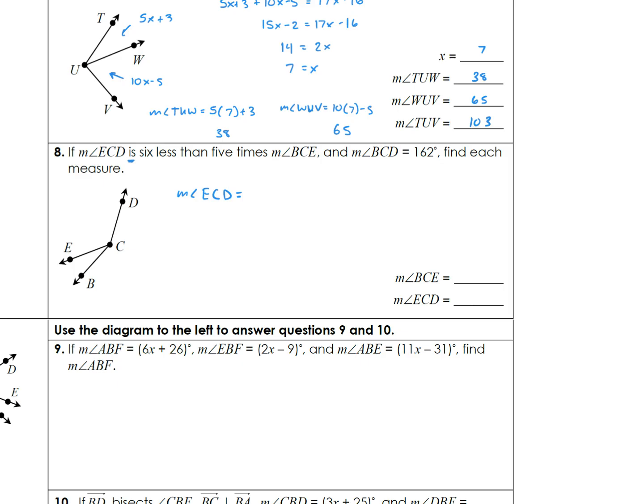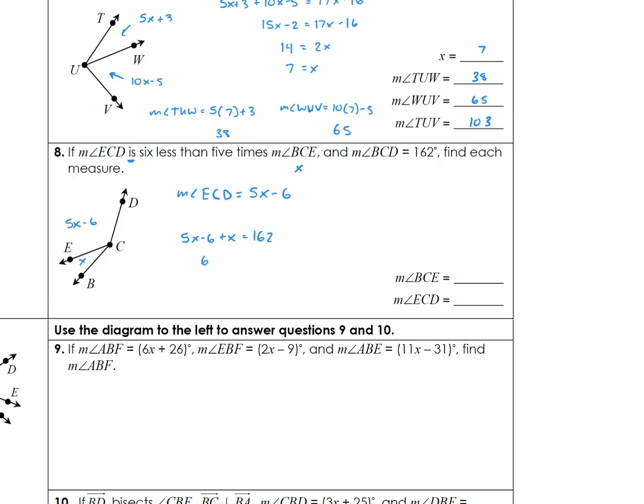To do that, I'm going to name measure of angle BCE x. And now we just translate this as an algebraic expression. So 5x minus 6. And now when we plug it into our picture, this angle is x, this angle is 5x minus 6, and it's a lot simpler to set up now that we can do the angle addition postulate. And now we can solve.